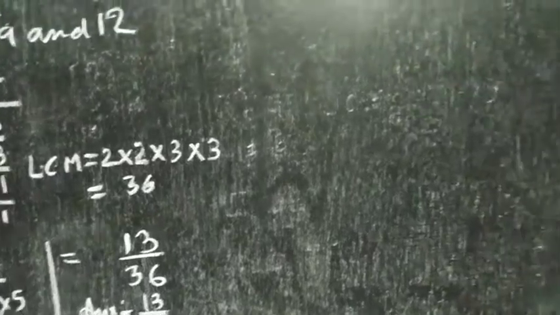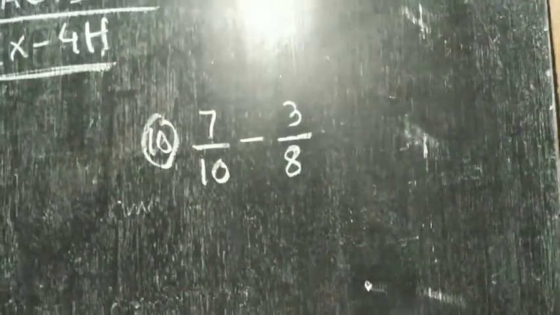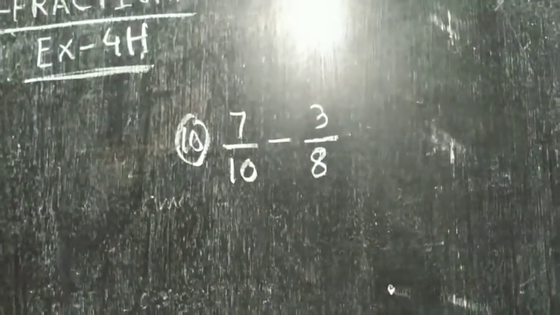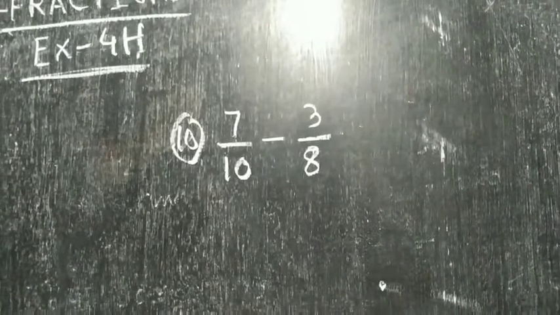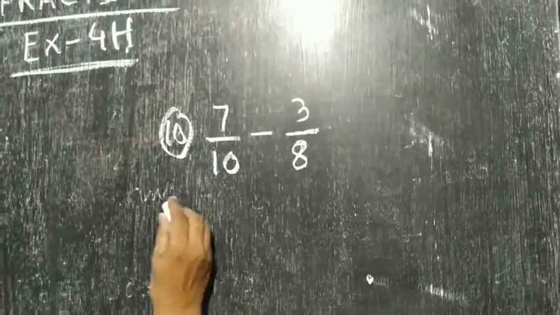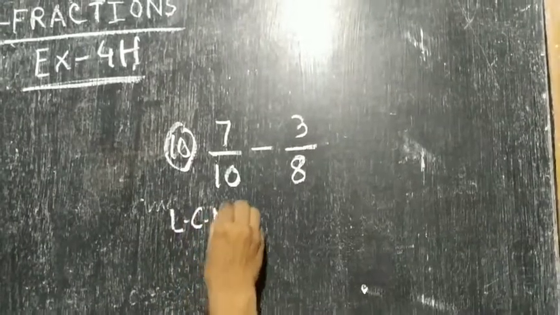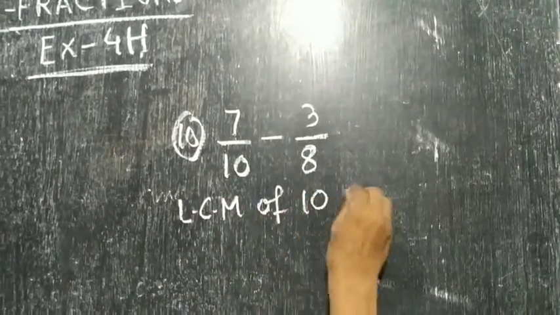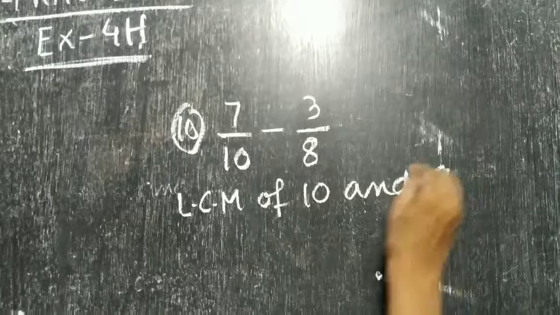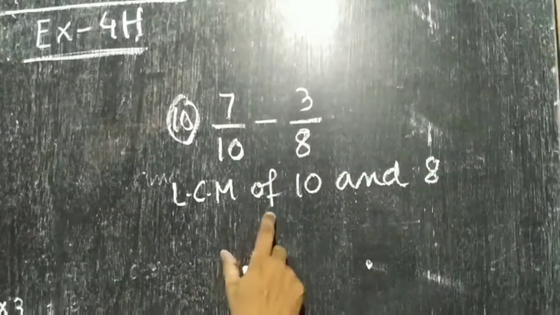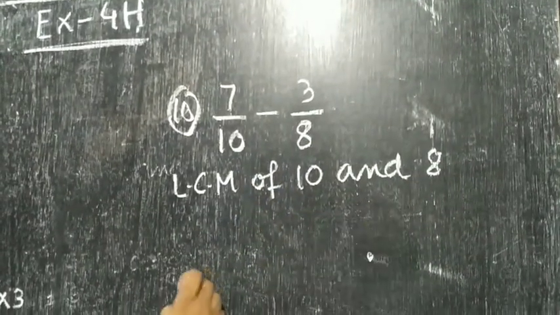Now children, let's do sum number 10. You have to subtract 3 by 8 from 7 by 10. So LCM of 10 and 8. You have to take the LCM of the denominators 10 and 8.